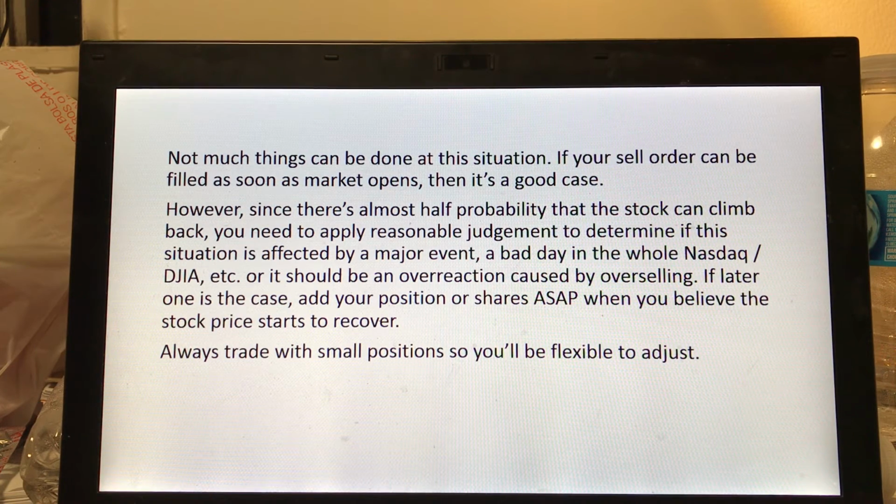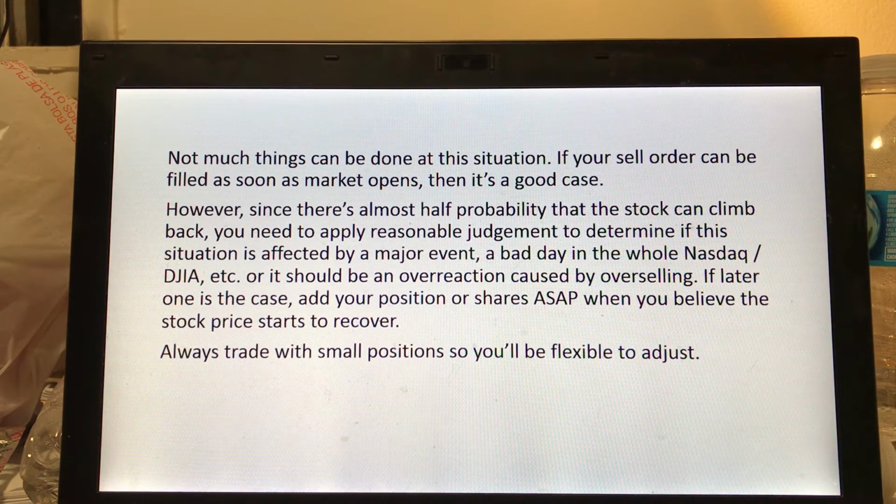So if you expect the stock price to start to recover, do it as soon as possible, and even if you fail, don't be regretful about this, and make a stop loss when you believe it's necessary to do so.